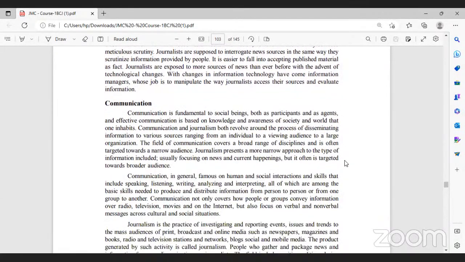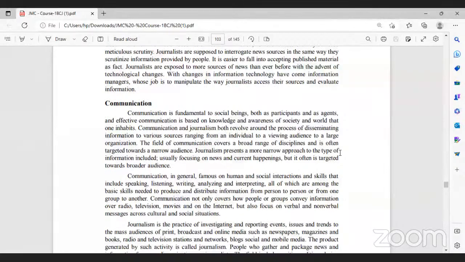Then the communication part. As we said, communication is very fundamental to society, as we need participation from the public. So when we say journalism, it is not just that you are receiving the information, but you are also trying to participate in the ongoing process by giving your public opinion and molding your thoughts.